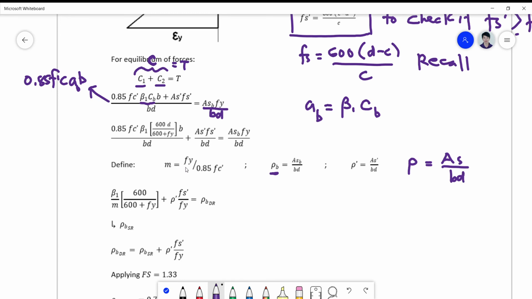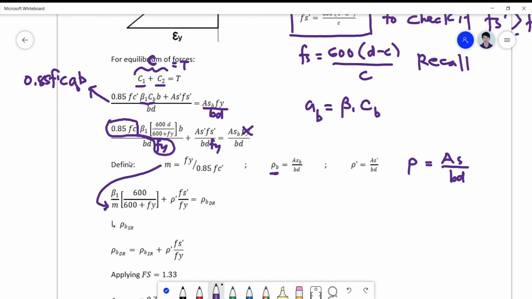So what about m? So m is Fy over 0.85 fc prime. So we actually remove Fy here and multiply Fy at the bottom. Okay, so we simply transpose it there, such that this part here, 0.85, is actually your 1 over m. That's why there's an m below.